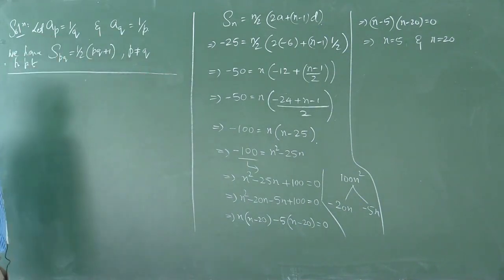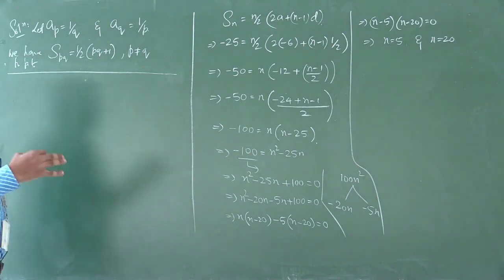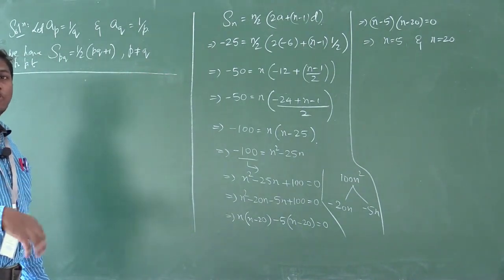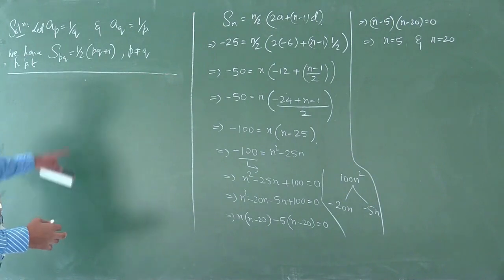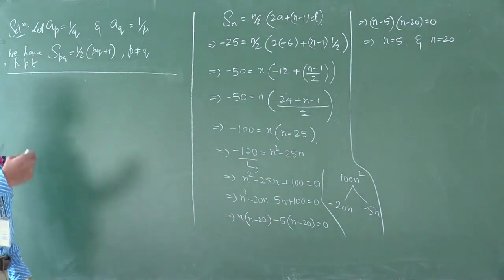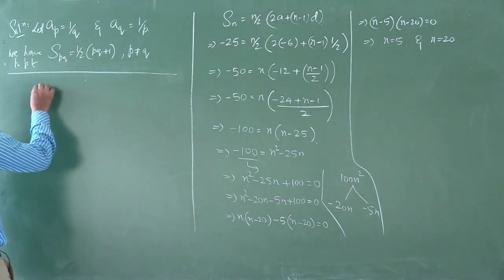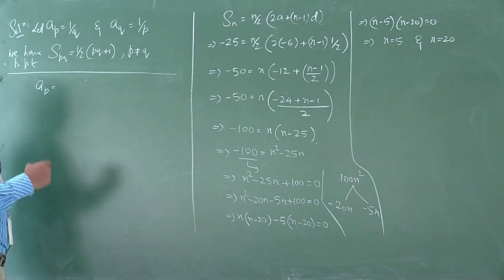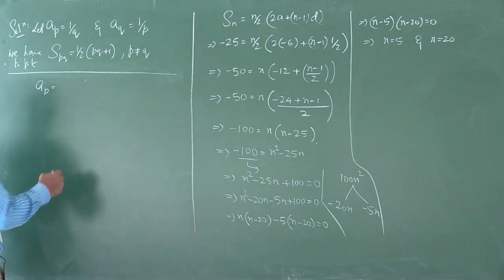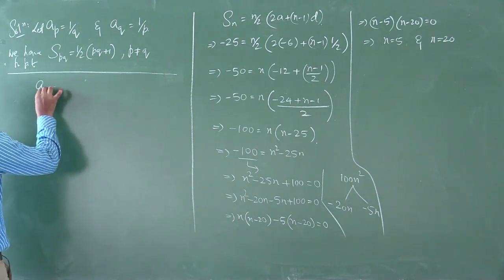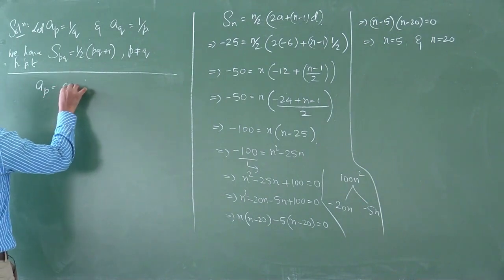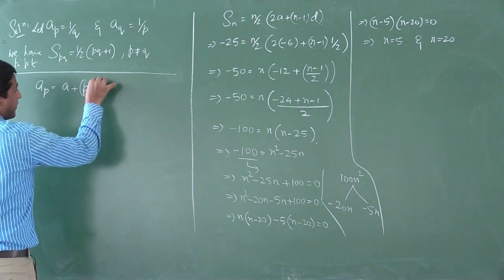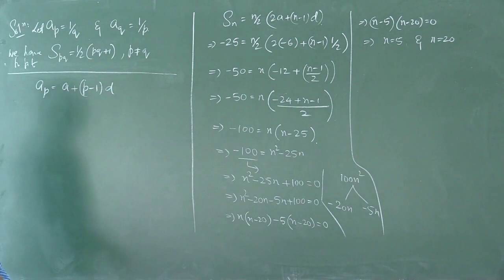Okay, now if a is the first term and d is the common difference of the AP, how can I write the P term of the AP? AP, if small a is the first term and small d is the common difference, I can write the P term AP as a plus P minus 1 into d, right?